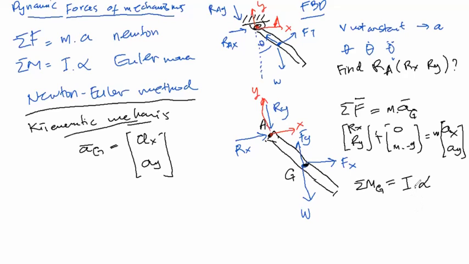And I, you can type it as I at point A because the center of rotation is at point A. Or you can replace it by using I at G times alpha, and then plus Fy times the length.